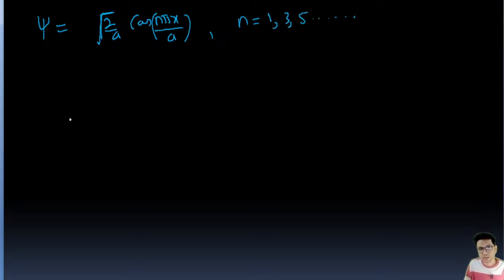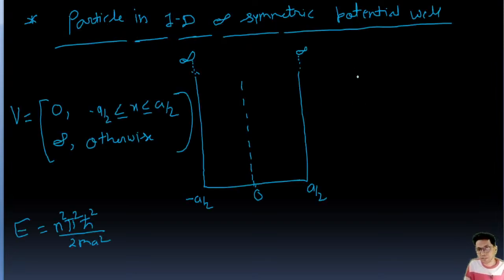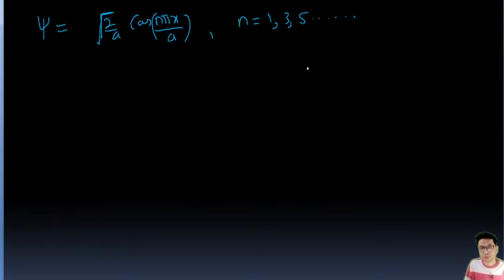And symmetric potential means V(x) equals V(minus x). This is a symmetric potential, and for the wave function, psi(minus x) equals psi(x).